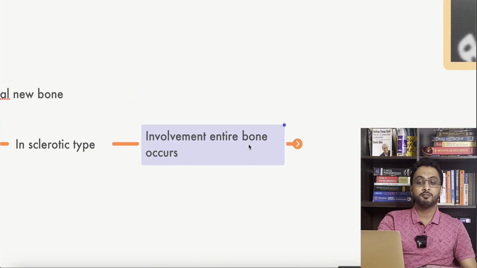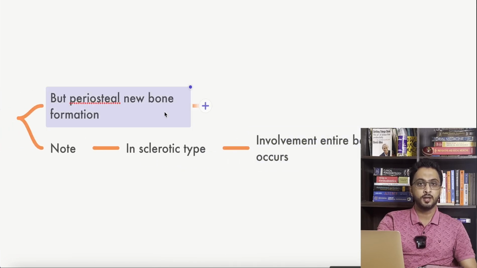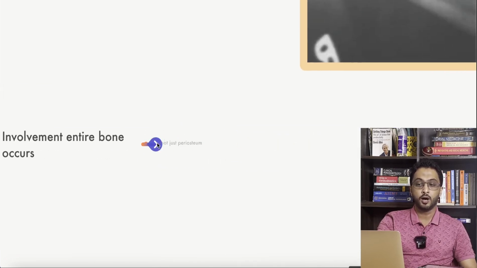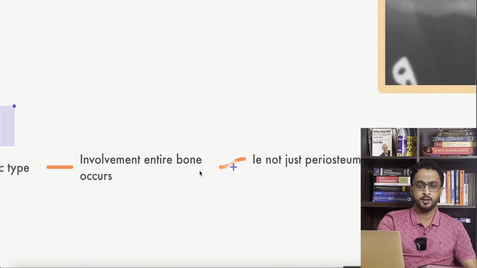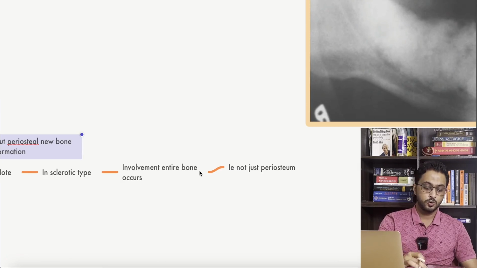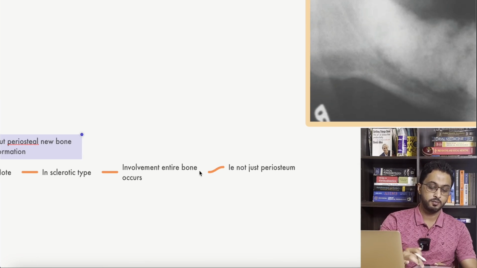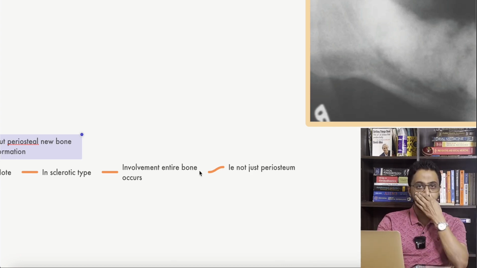It's an involvement of the entire bone, not just the periosteum. That's a key difference. In Garres, the key word here is going to be periosteum. So hope you understood the different types.